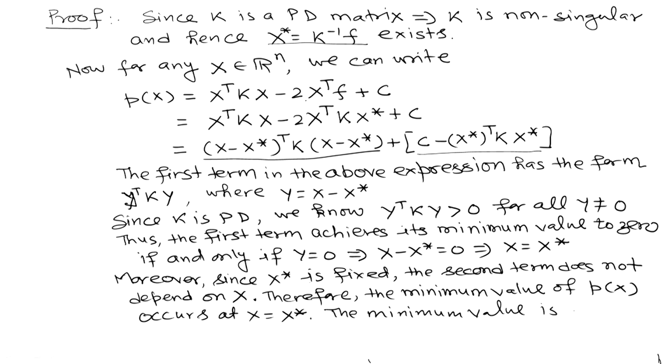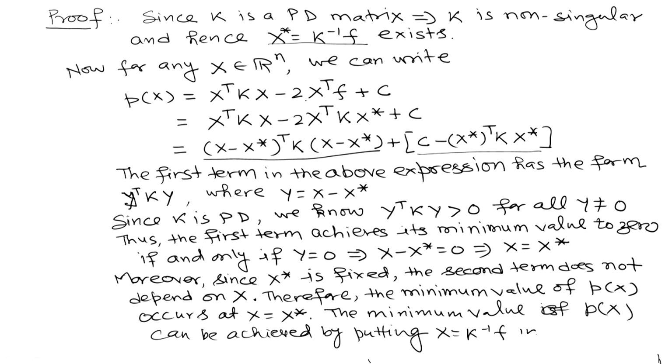So, the minimum value of p x can be achieved by putting x equals K inverse f in p x, in this expression, which will give you the second part of the second statement of the theorem. So, this is the proof of this theorem.